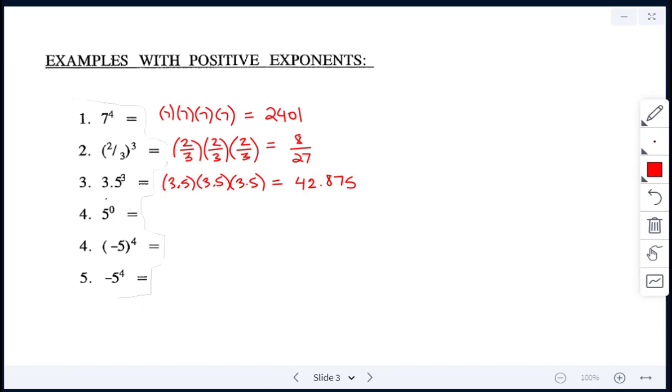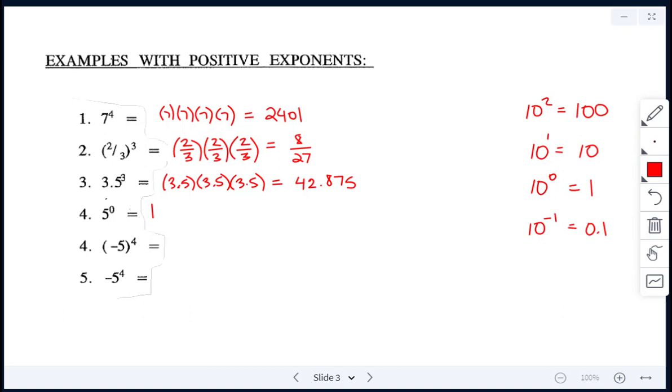So the next one we have is 5 to the power of 0, and that is equal to 1. If you try that in your calculator, any number, or if you had a letter, such as a variable, if it had an exponent of 0, it will always be equal to 1. All right, so try that in your calculator.